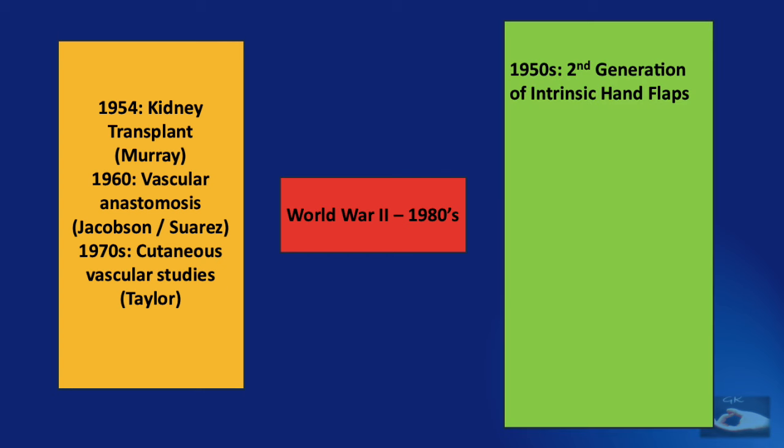In the 1950s, the second generation of intrinsic hand flaps were innovated, and after the 1960s, the third generation was innovated. We shall see more about the generations of intrinsic hand flaps a little later. Path-breaking surgical procedures changed the way that hand surgery developed.